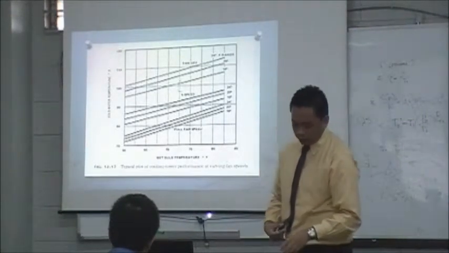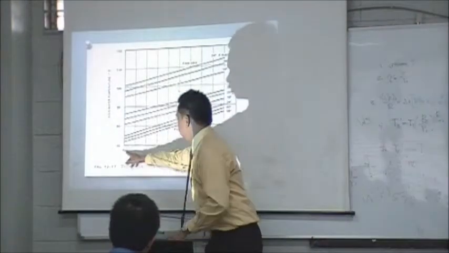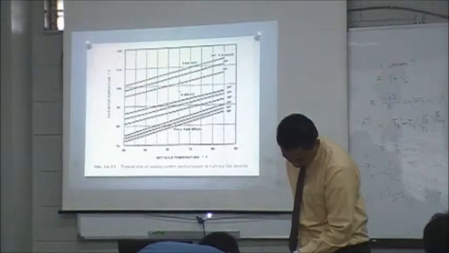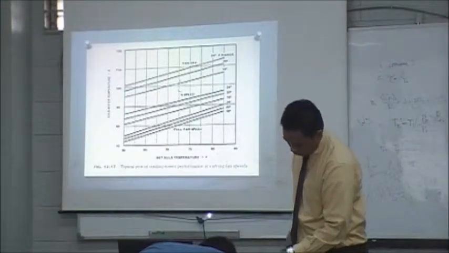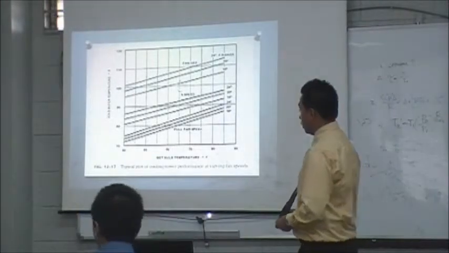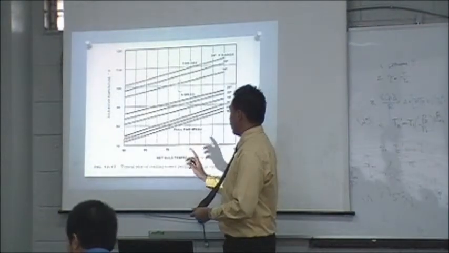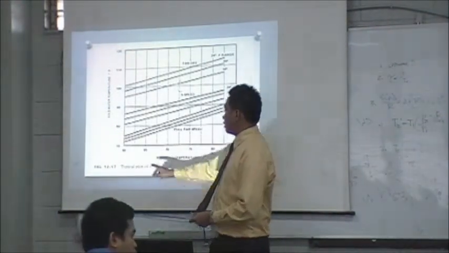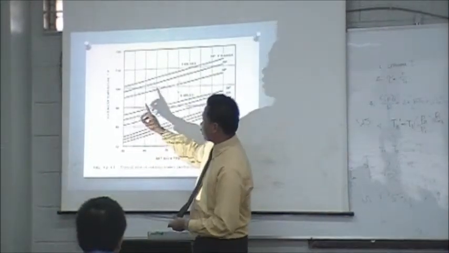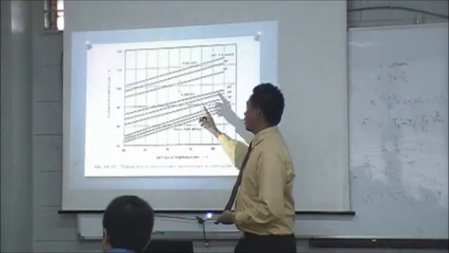For a 60-degree Fahrenheit wet bulb temperature, which is around here, then a 20-degree Fahrenheit range, the leaving water temperature is slightly below 85 degrees Fahrenheit. So our wet bulb temperature is 60 degrees Fahrenheit, and the cold water temperature is around 85. We're going to operate it at half speed.